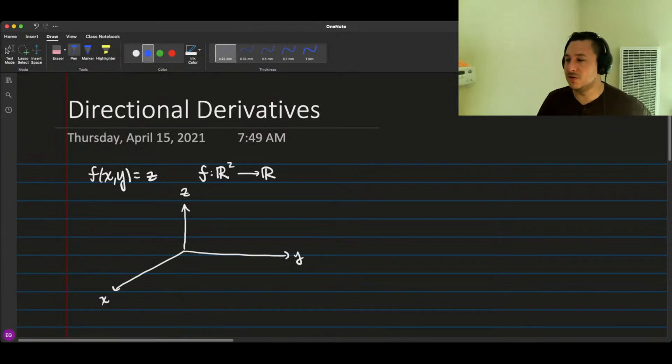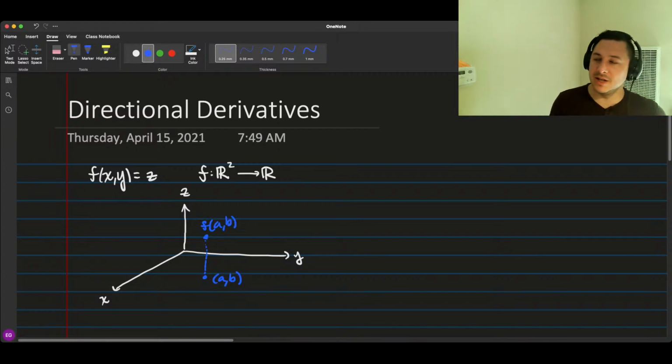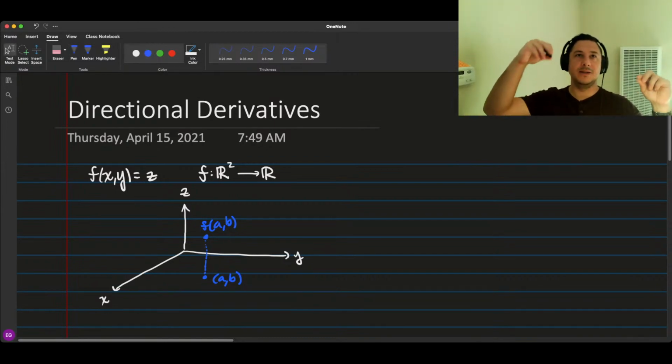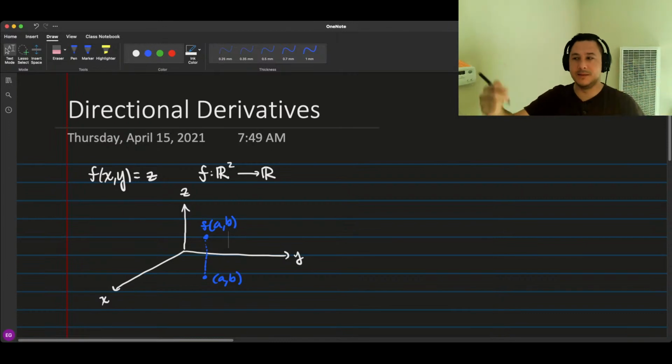Let's say we choose a point in our domain, a comma b. You can evaluate that point and get f of a comma b. And if you want the tangent line at that point, you need another point so that you get a secant line, and you can take the limit of that secant line.